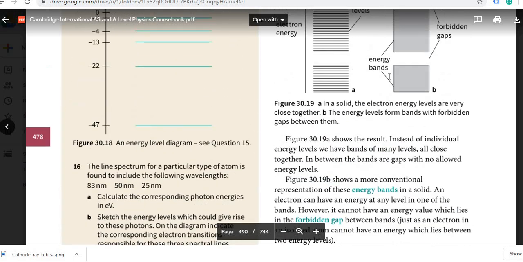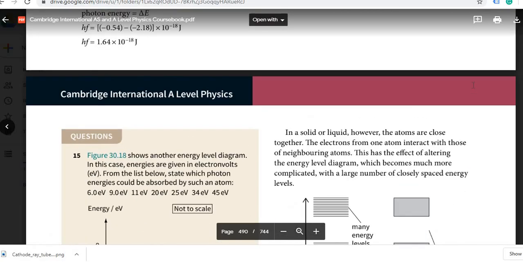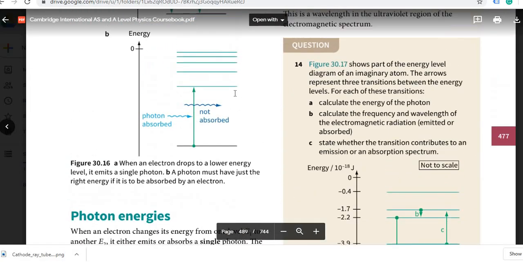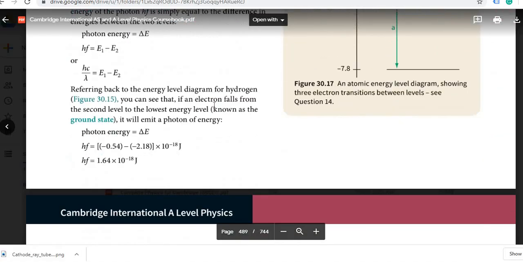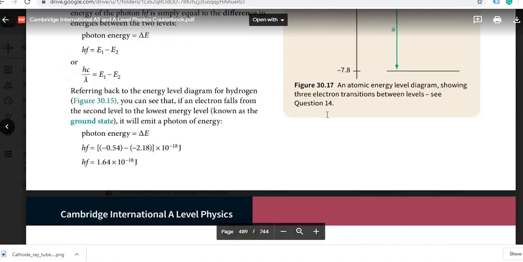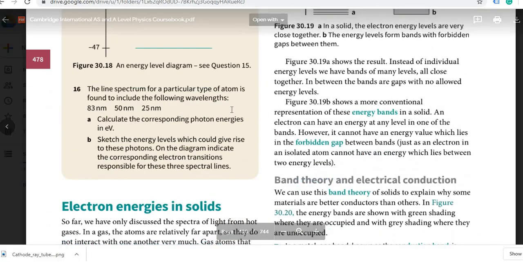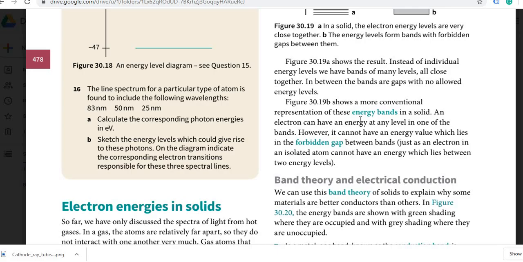So this is the energy level. So this is where you have the electron. I told you before, the electron cannot exist between those energy levels. Over here, these lines we learned before. Similarly, we have that here, electron energy. Here we said energy. Okay, forbidden gap, we will see the details.